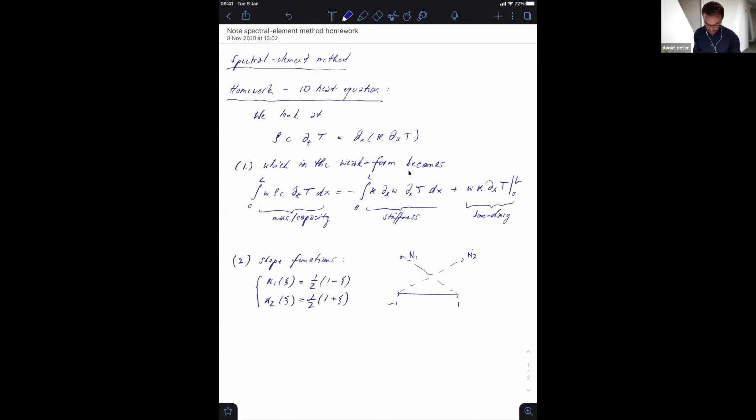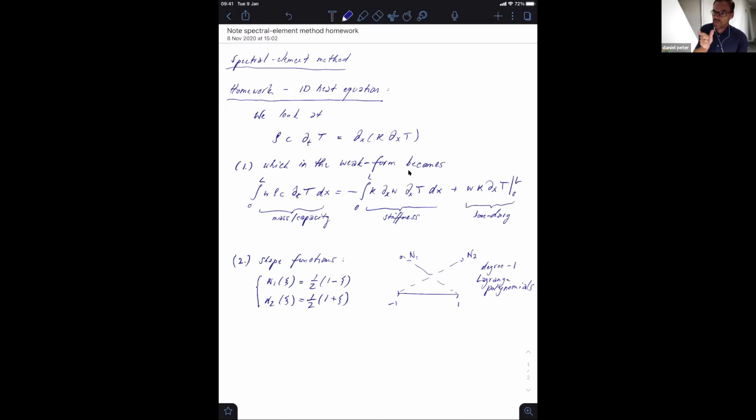And in this case, what we chose are these degree 1 Lagrange polynomials. We could also just say it's linear shape functions that we use. But you see N1 and N2, they are specific also to the range that we set.